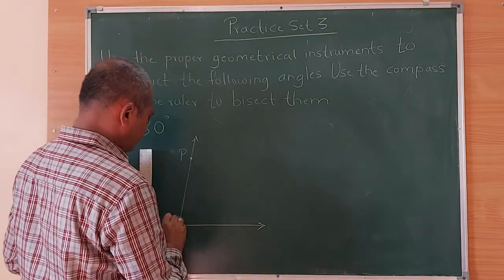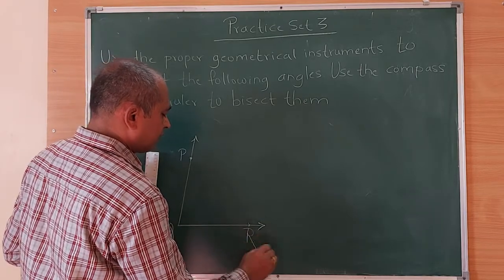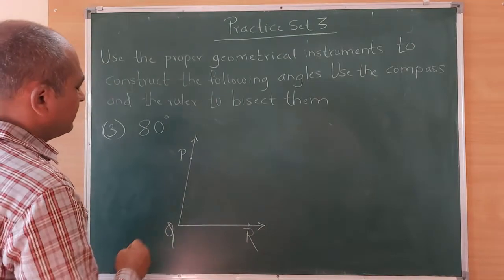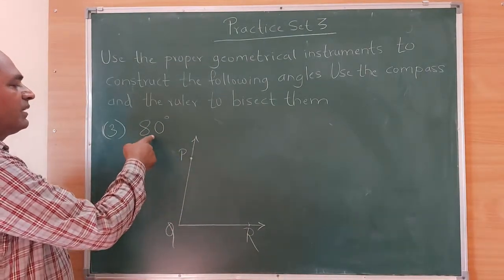P, Q, and one more point I will take here, R. So this is angle PQR, and the measure of angle PQR is 80 degrees.